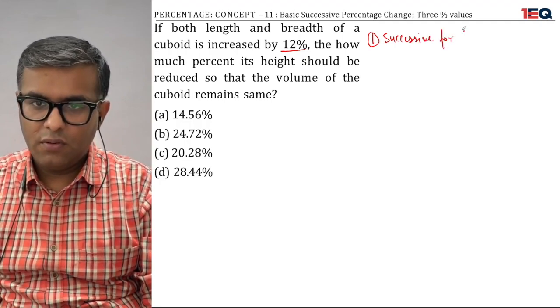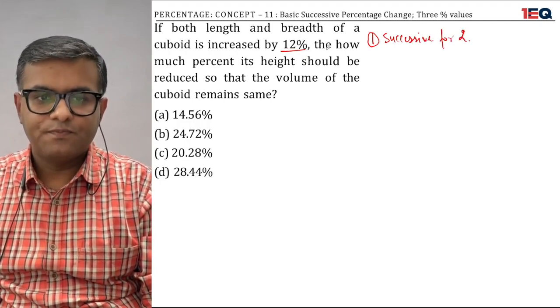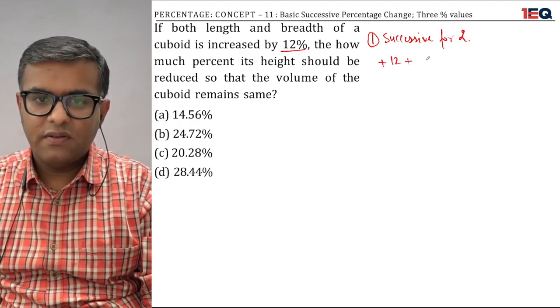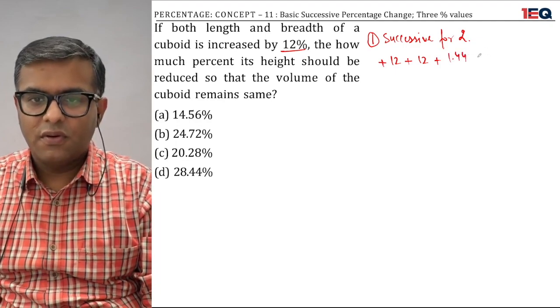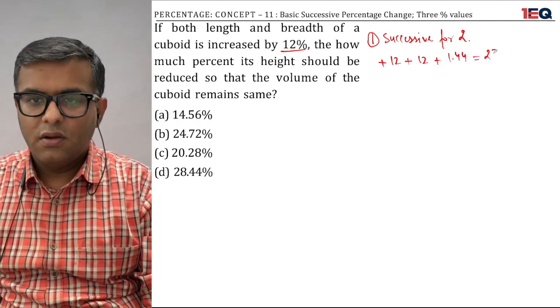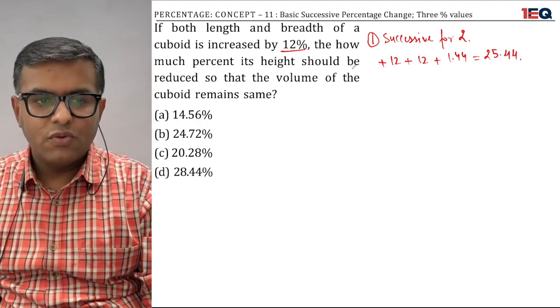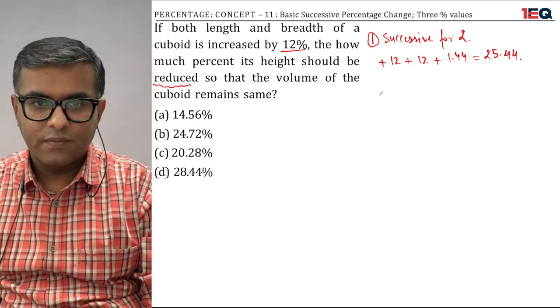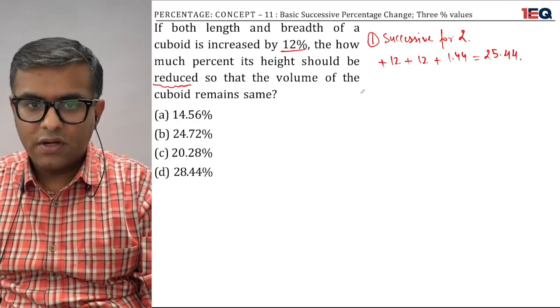Successive for 2. Okay. Increase is 12%, plus 12, plus 1.44. This gives me 25.44. Now there is supposed to be a decrease, because the height is supposed to be reduced.